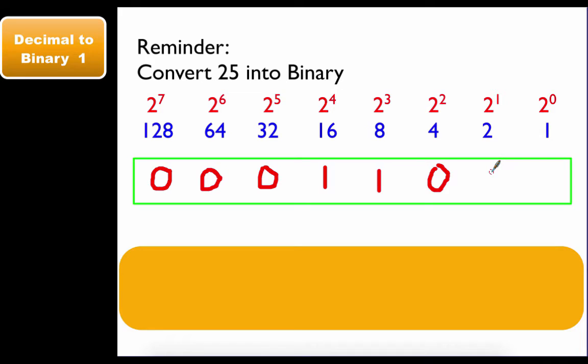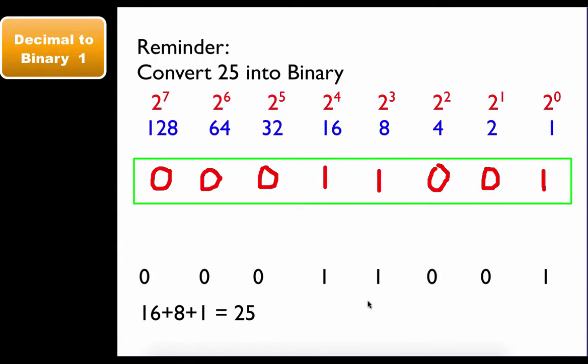If we add 2, we'll get 26, and we don't need that. But if we add 1, we'll get 25. 16 plus 8 plus 1. So our binary number, 25, becomes 0, 0, 0, 1, 1, 0, 0, 1. 16 plus 8 plus 1 is 25.